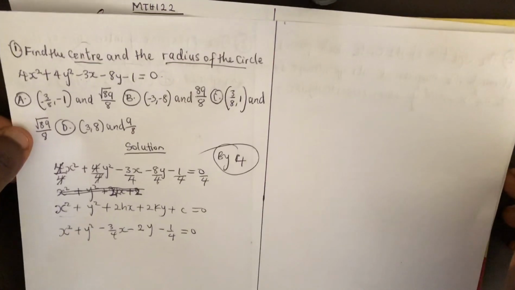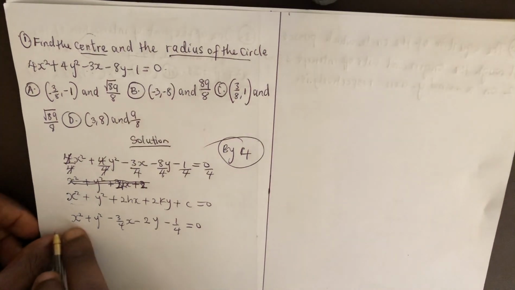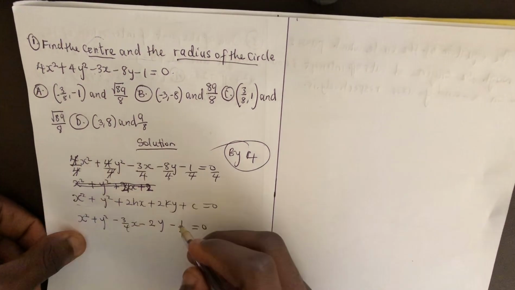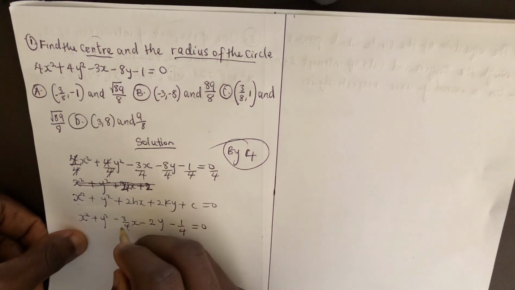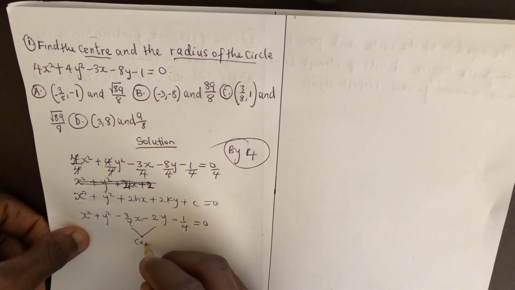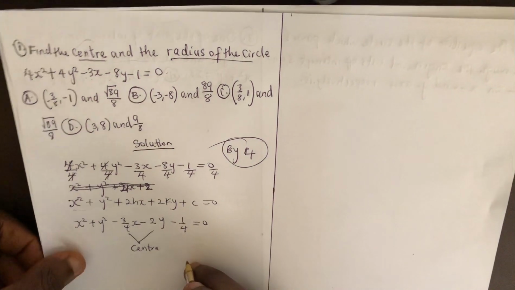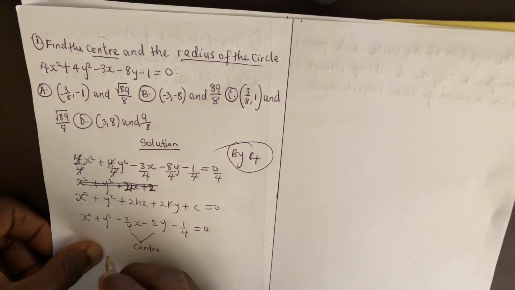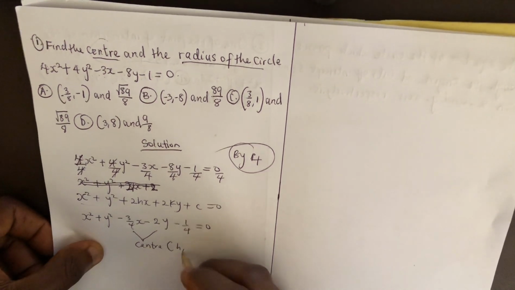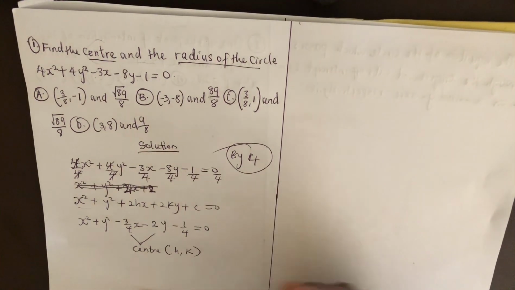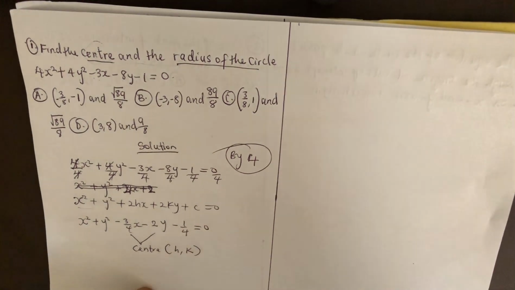Okay, moving on. So back to our question. I've divided all through by 4, so we can actually find the center from here. Remember I told you that we get the center from this, but it's not just like that. You have to do something to it. To get the center, remember we have h and k, or minus h and minus k, to be our center.